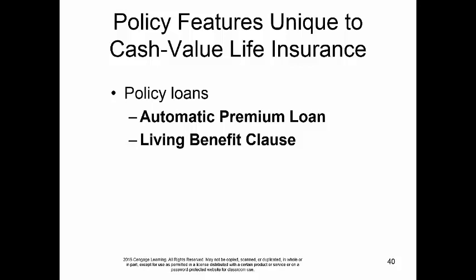The other types of policy loans include an automatic premium loan. Automatic premium loan takes money from the cash value and makes premium payments in the event that they lapse. Limited benefit clause is an extreme case.